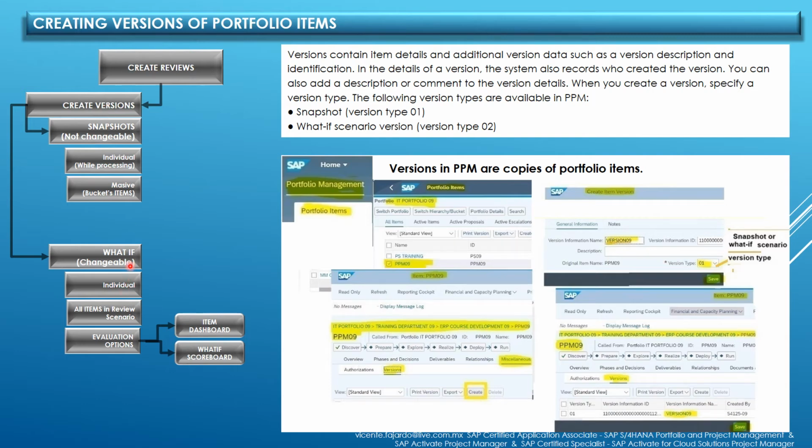On the other hand, what if can be changed to evaluate the impact that some changes can produce in the item. For example, what if we increase the funds? What if we decrease the consultants assigned?